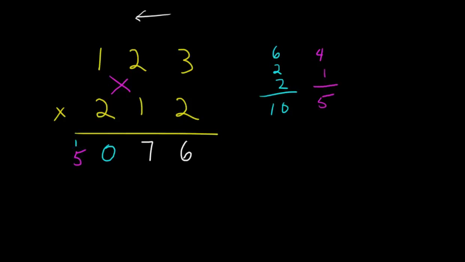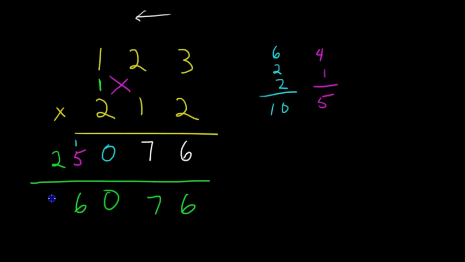And finally, the last step is to just look at this group, the 2 and the 1, multiply that, and 2 times 1 is 2. And when we add it together with the carry, we get 6, 7, 0, 6, 2. And if you get your calculator out, you'll see that I'm correct.